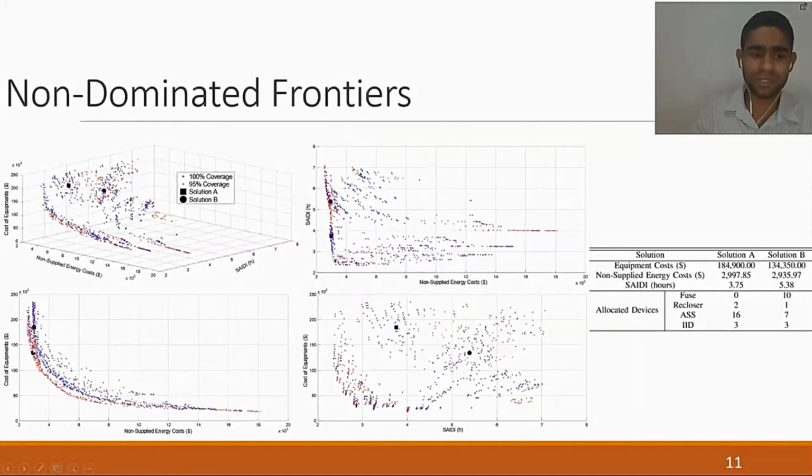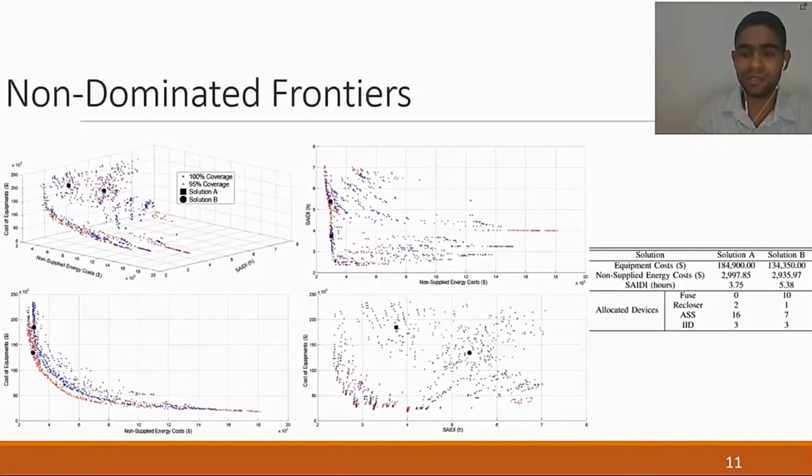It is important to analyze solution B and solution A. They both have virtually the same SAIDI. However, solution B is far less expensive than solution A. The fundamental reason for that is the allocation of fuses in solution B, which cannot be verified in solution A, since solution A has very high short circuit currents in the lateral feeders, and solution B does not.